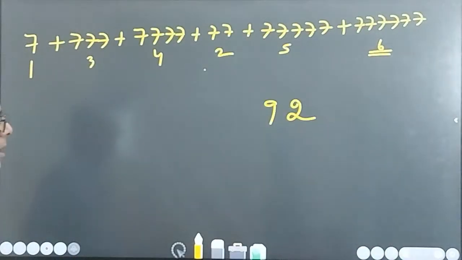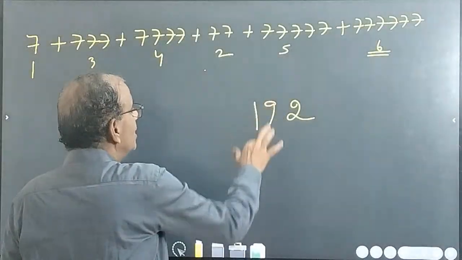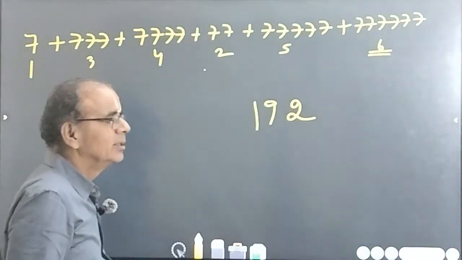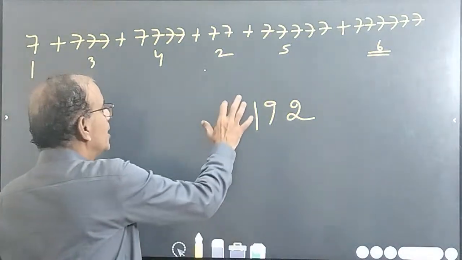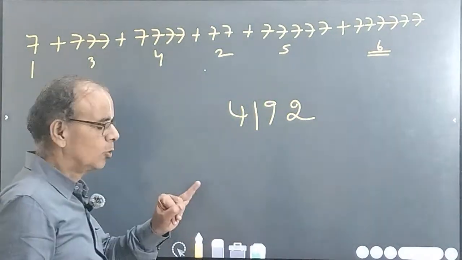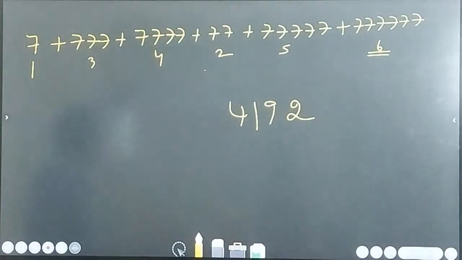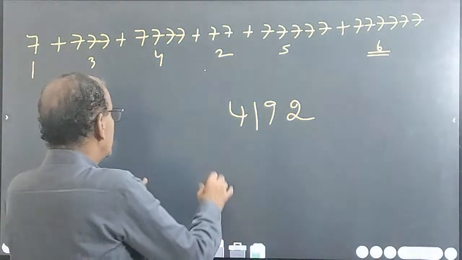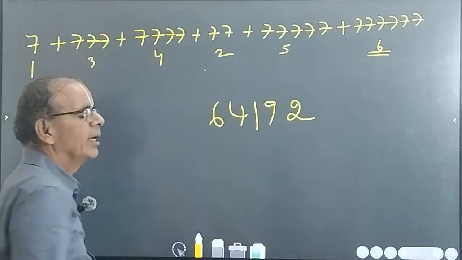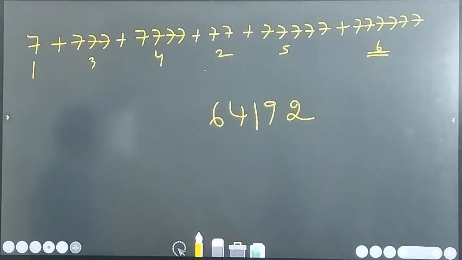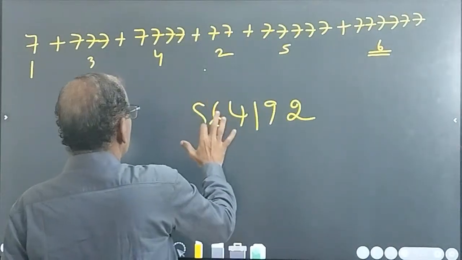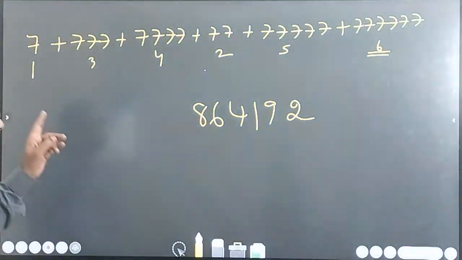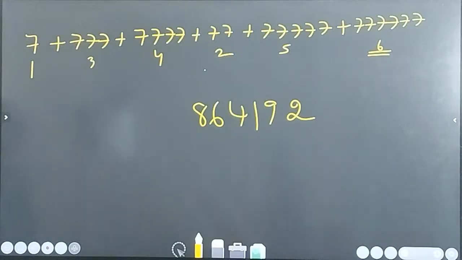Carry over 3. 4 into 7, 28. 28 plus 3, 31. 3. 3 into 7, 21. 21 plus 3, 24. 2. 2 into 7, 14. 14 plus 2, 16. Carry over 1. 1 into 7, 7. 7 plus 1, 8. What is the answer for this question? This is the answer.